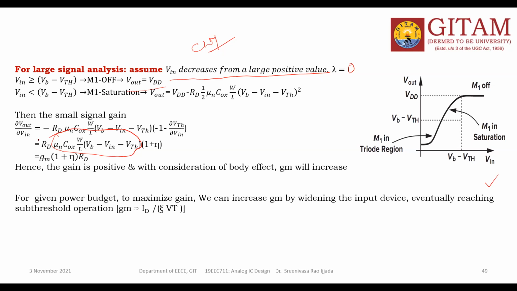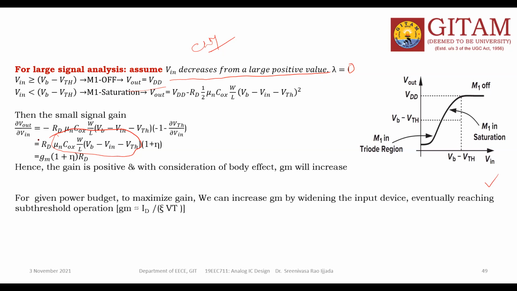So from this equation, by increasing the GM value, you can increase the gain. But how do you increase the transconductance GM? Our GM equation has mu n Cox W by L into something.